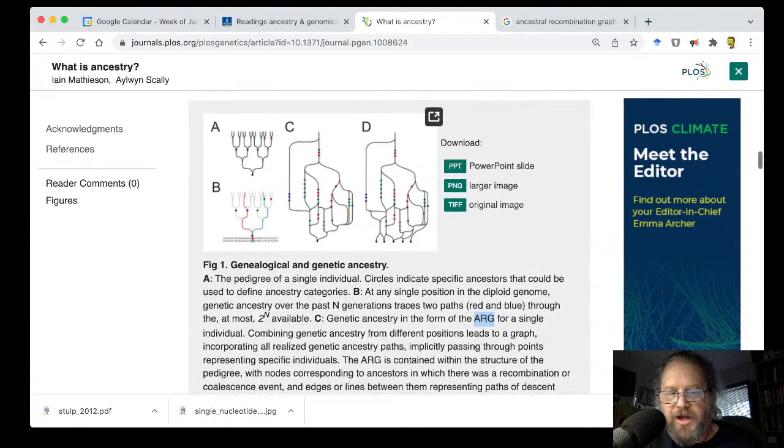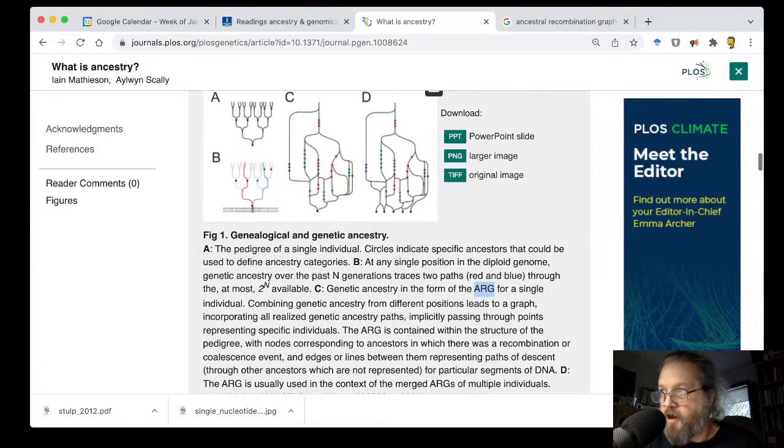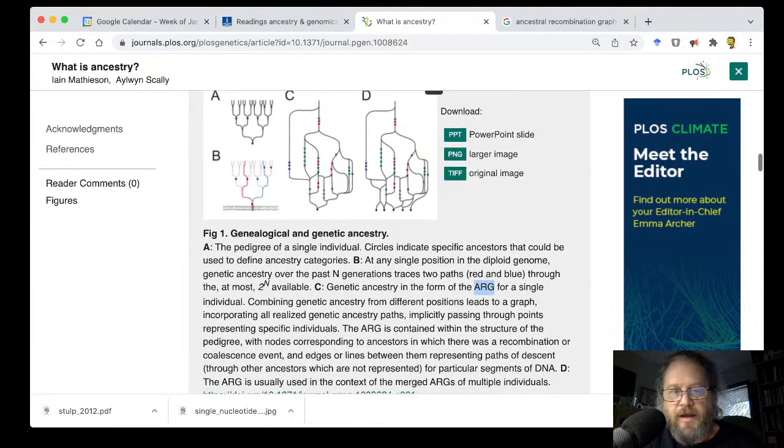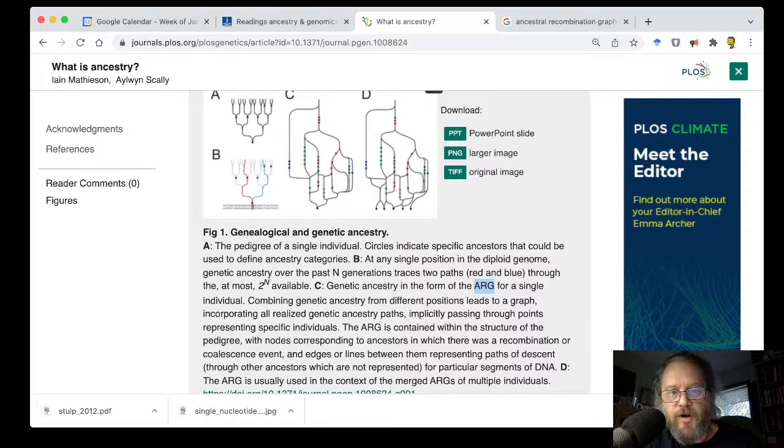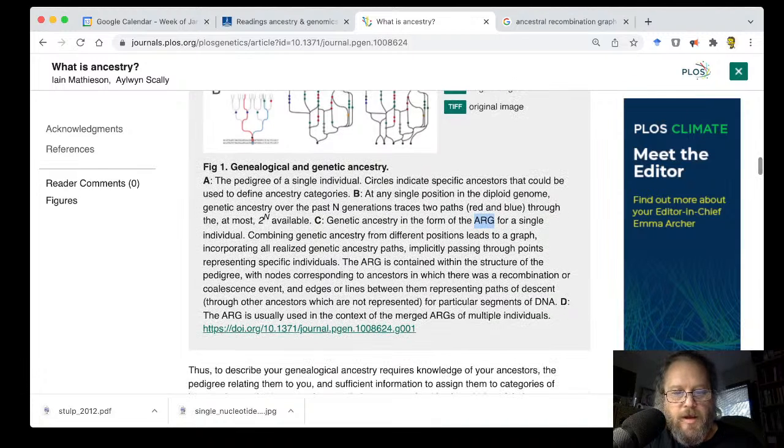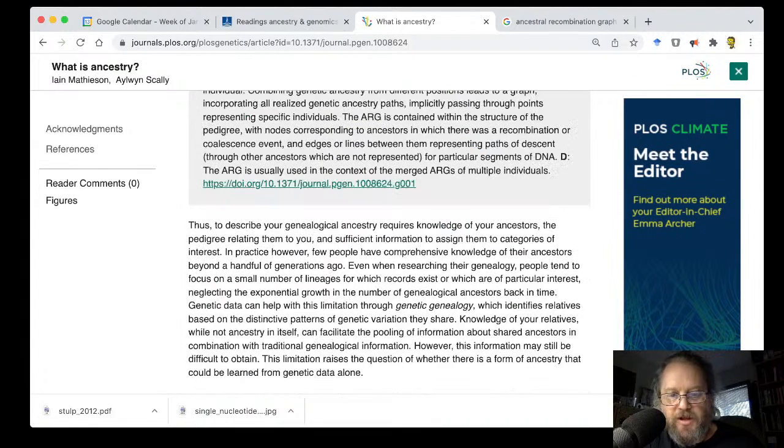In talking about genetic ancestry, you want to be able to follow those chunks of DNA. And so that becomes these much more complicated graphs, B, C, and D. Okay, so what's genetic genealogy?